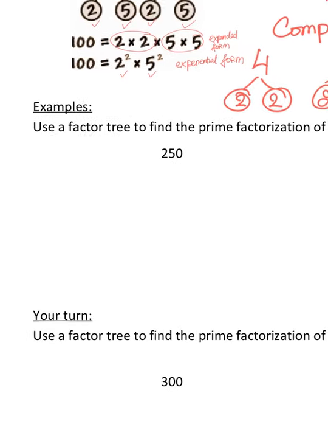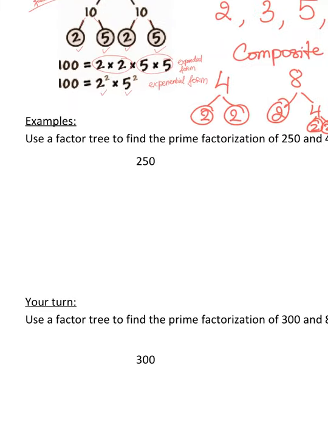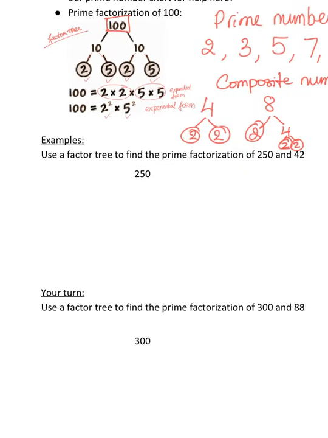Use a factor tree to find the prime factorization of 250 and 42. So I'm going to do a factor tree. I know that 250 is divisible by 2. 2 is a prime number, so I'm going to circle it.